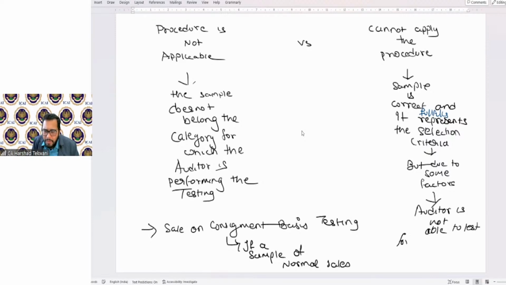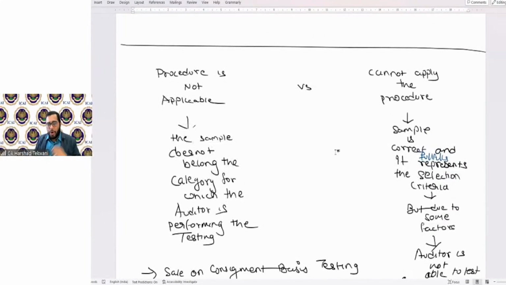For example, missing sample data. Let's say there is one sample, but I'm not able to test just because the sample data is missing, and I cannot apply the procedure because I don't have the data. In that case, that is a misstatement.